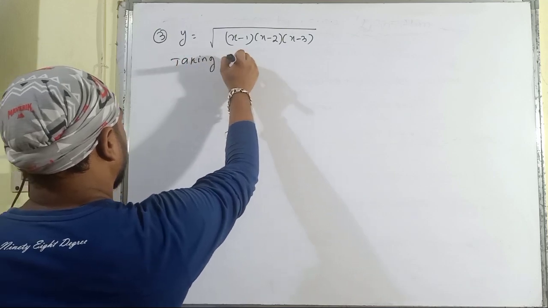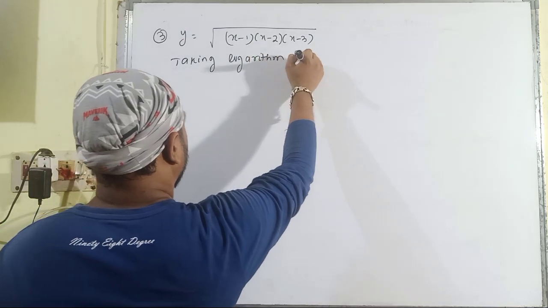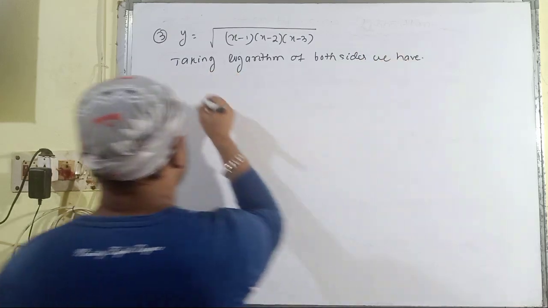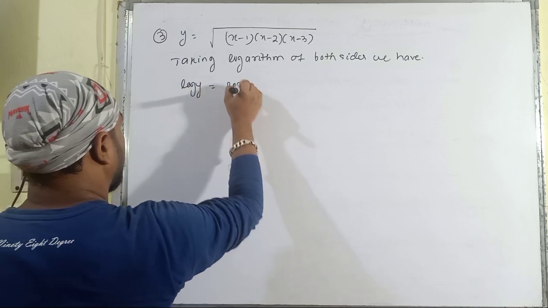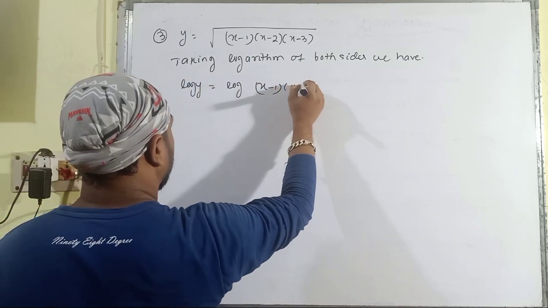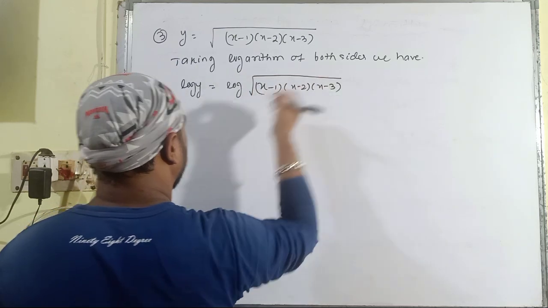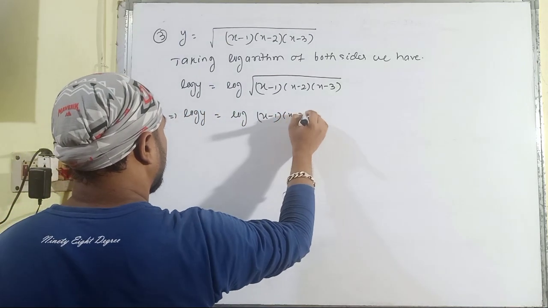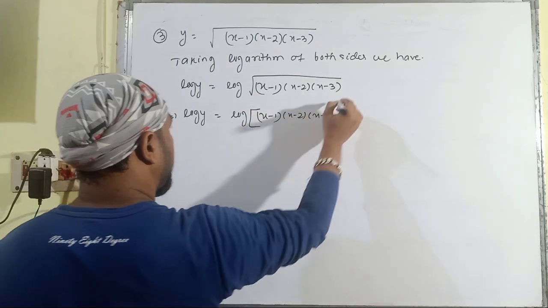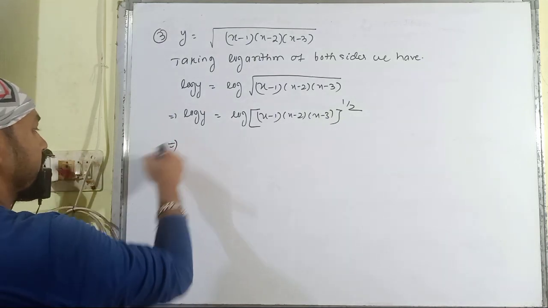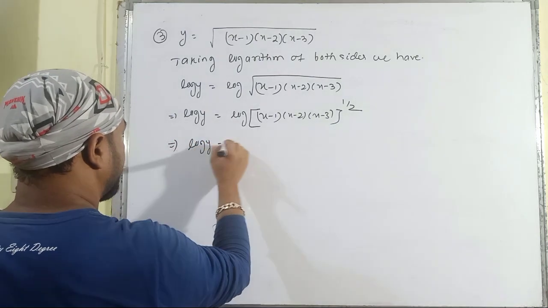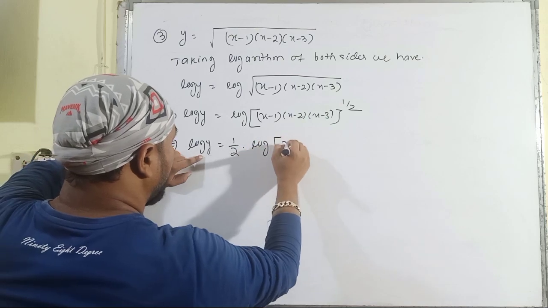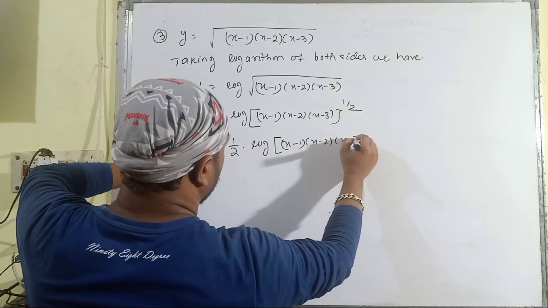Taking logarithm of both sides, we have log y is equal to half multiplied with log of the multiplication of (x-1), (x-2) and (x-3).